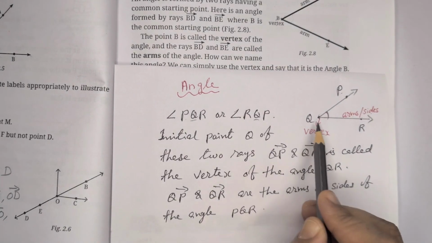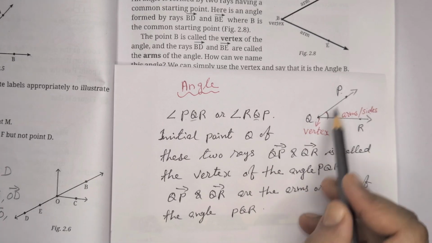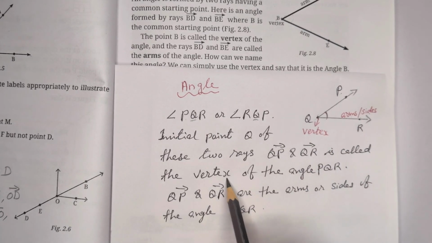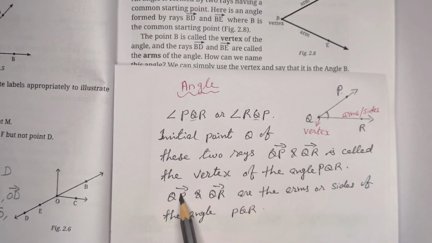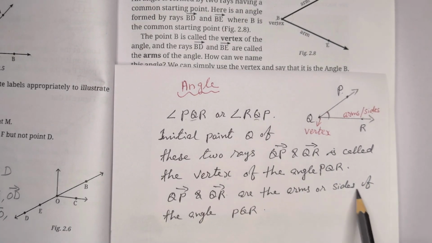So the initial point Q of these two rays QP and QR is called the vertex of the angle PQR, and QP and QR are the arms or sides of the angle PQR.